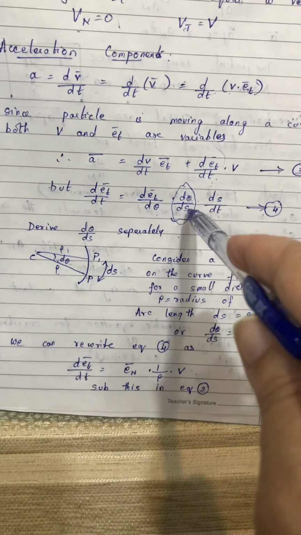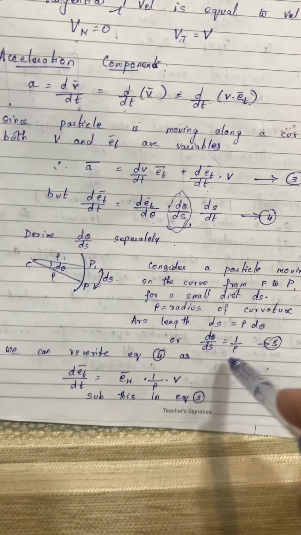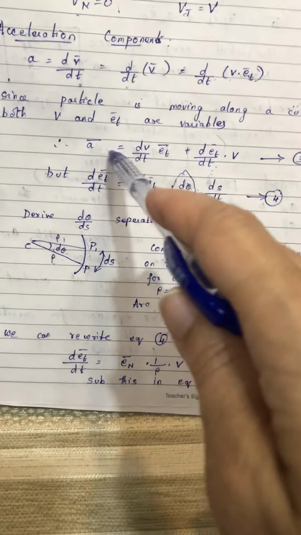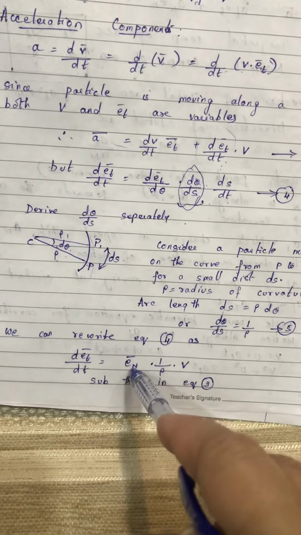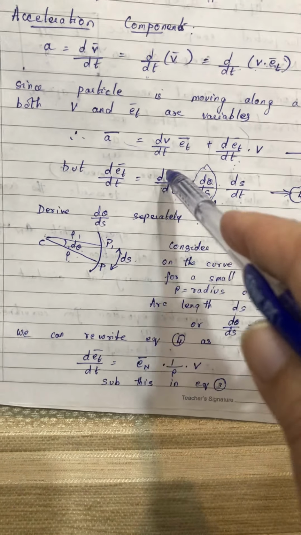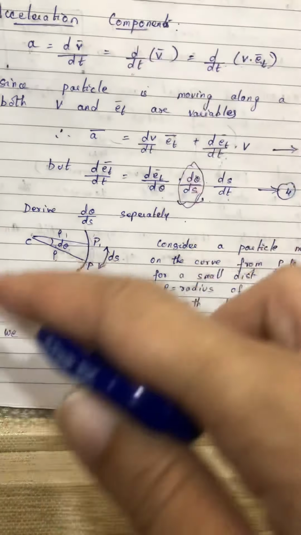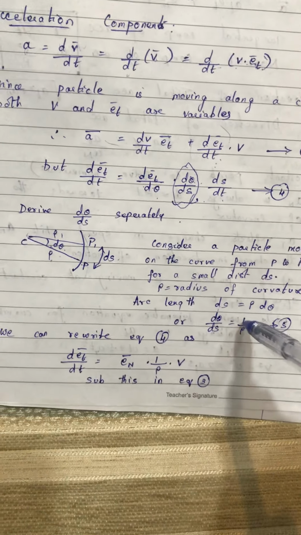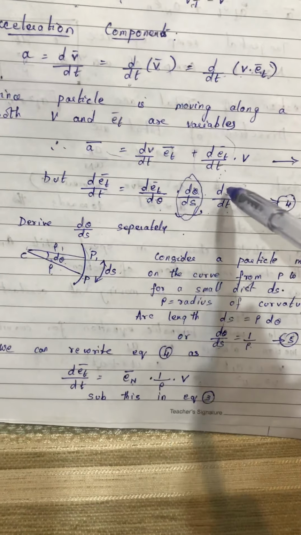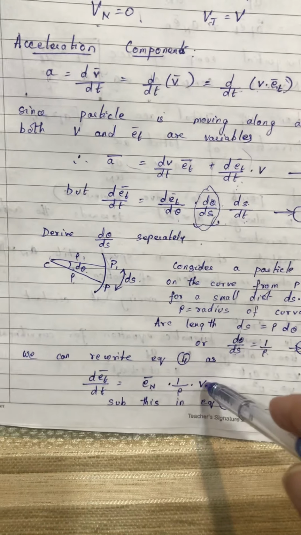This I'll substitute over here. So this equation can be rewritten as en. This is nothing but en according to equation 1. This I've derived as 1 by rho, and ds by dt is nothing but v.